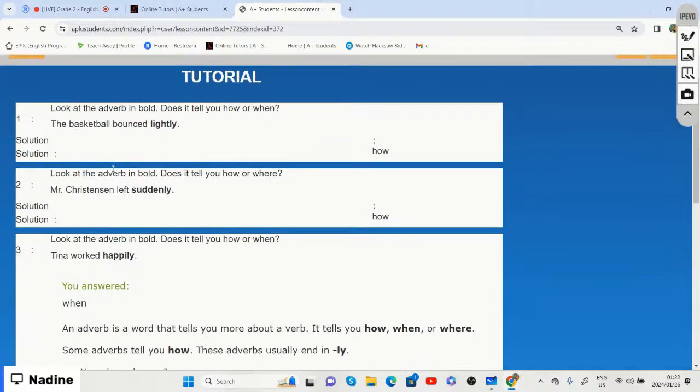So we need to look at the adverb in bold, and then we need to say if it tells us how or if it tells us when.